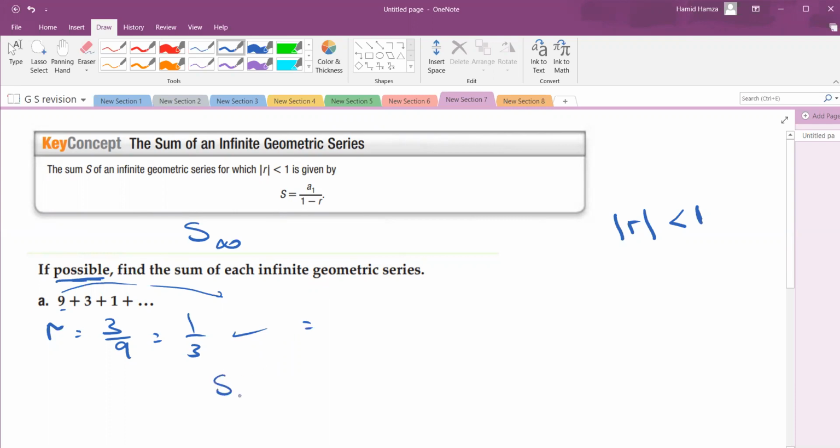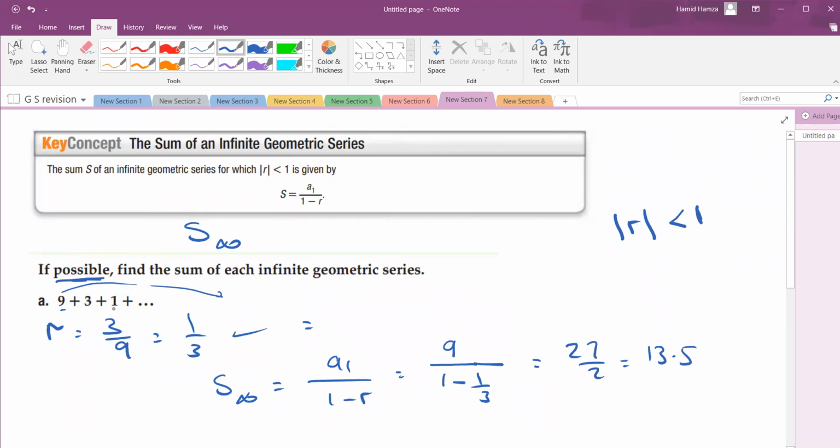So S infinity will be A1 over 1 minus R. A1 is 9, over 1 minus 1 over 3. Did anyone calculate this on the calculator, guys? It is 27 over 2, which is 13.5. How come, guys?